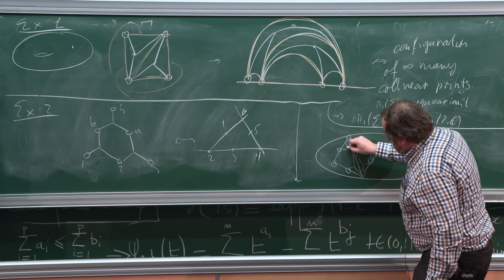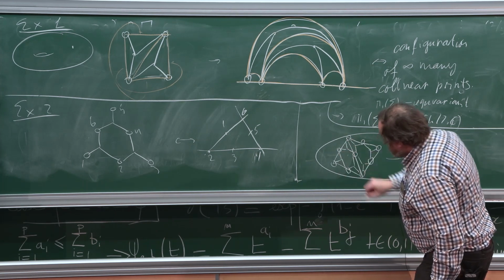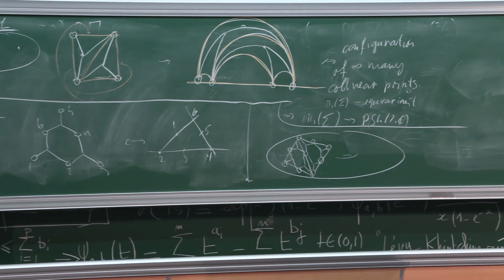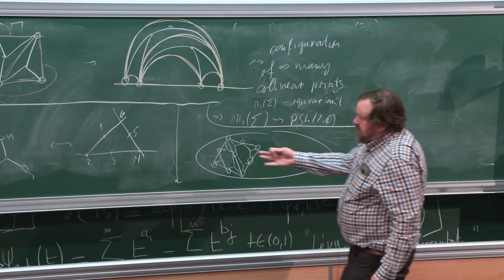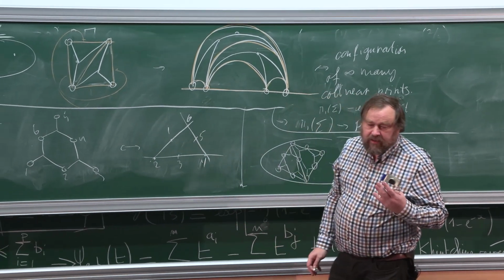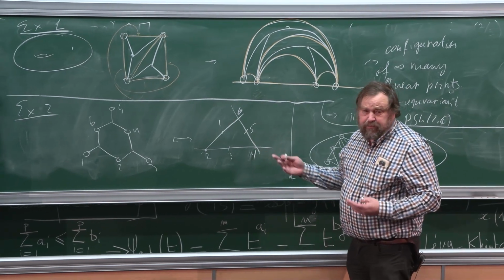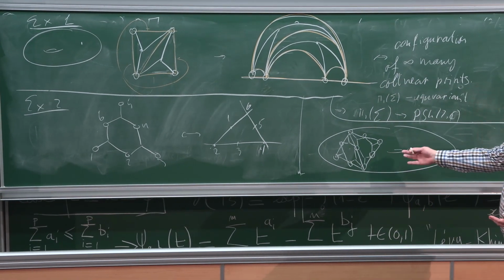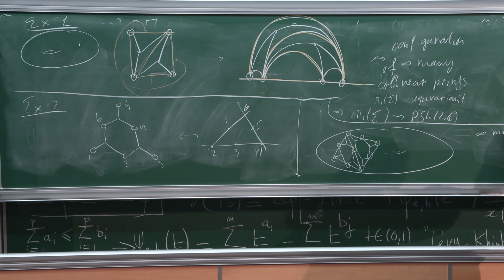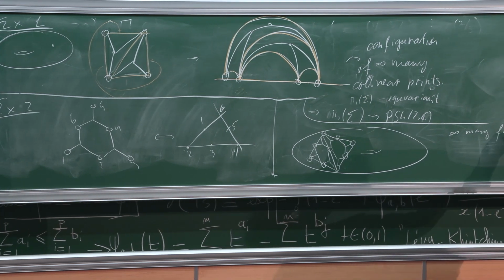Well, if you draw this picture, you have a picture on the surface, and you take a universal cover. So here you can consider this picture as a collection of 3 flags in P2. So here you will construct also infinitely many flags in P2.